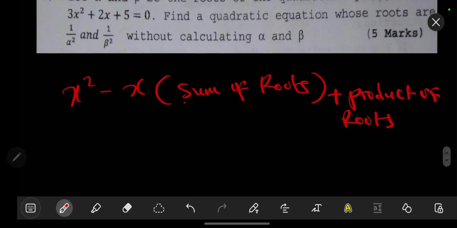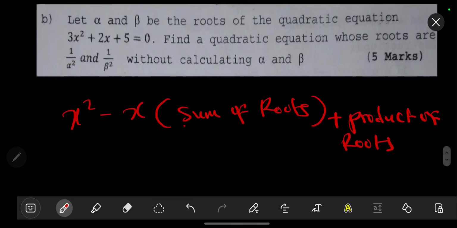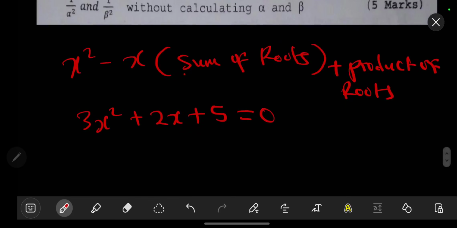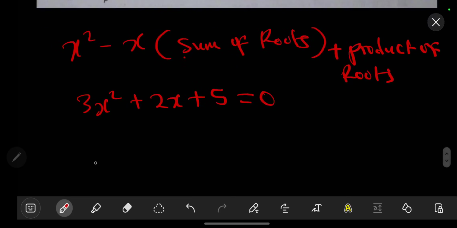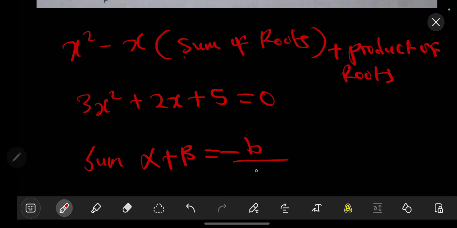So let's first find our sum for this equation, which is 3x squared plus 2x plus 5 equal to 0. The sum of roots, which is alpha plus beta, is given by the formula negative b over a.